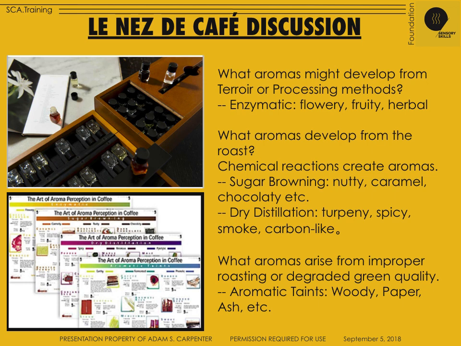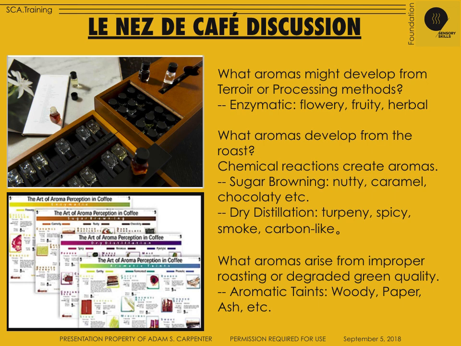So sugar browning: nutty, caramel, chocolatey, etc. And then as you continue to roast, dry distillation, this will be your terpene, spicy, smoke, carbon-like. Those things will develop even later in the roast, the purple dry distillation area.